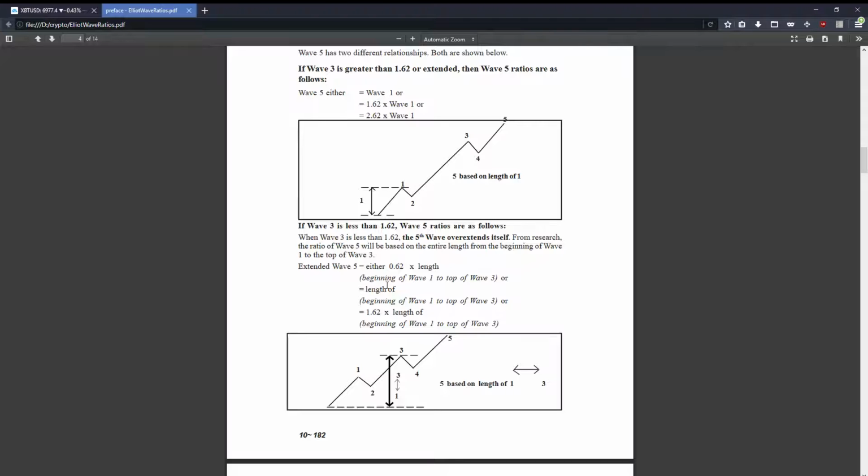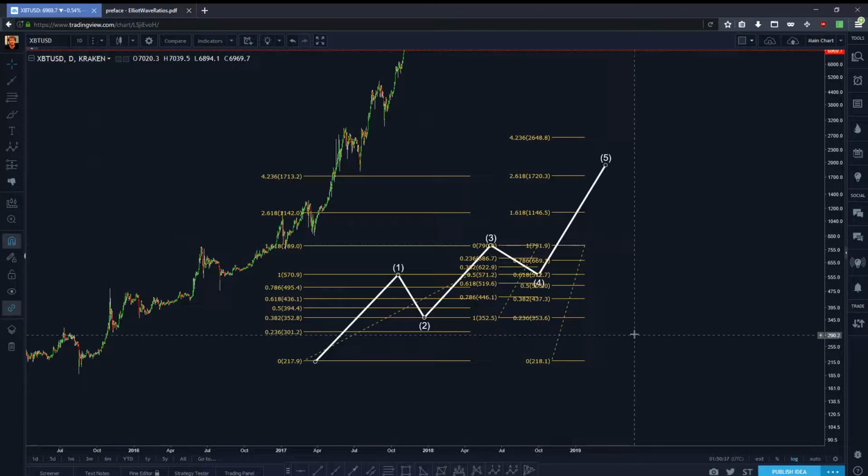I'm not sure what they mean actually by either 0.62 times length. 0.62 the length, so I might have drawn this wrong.